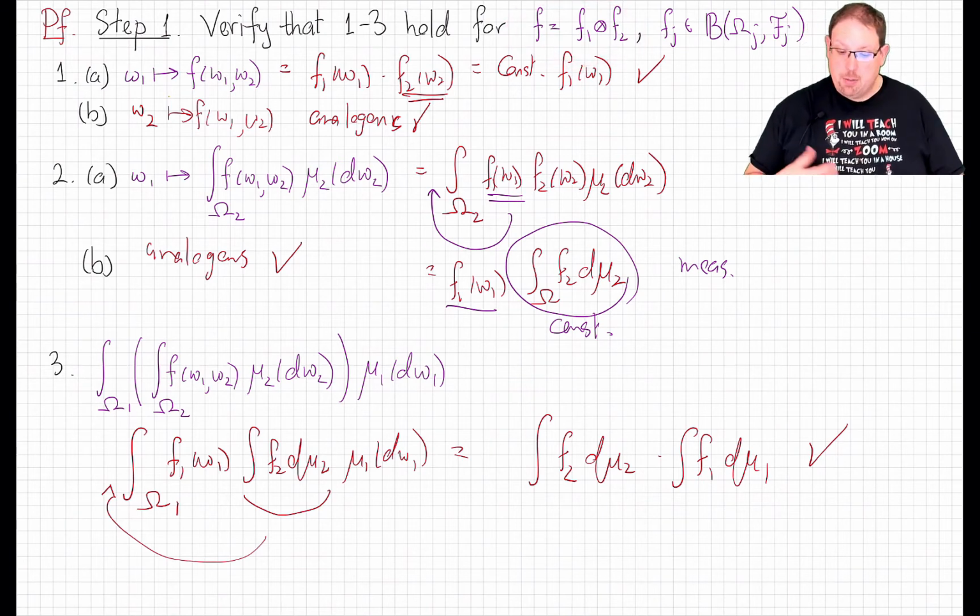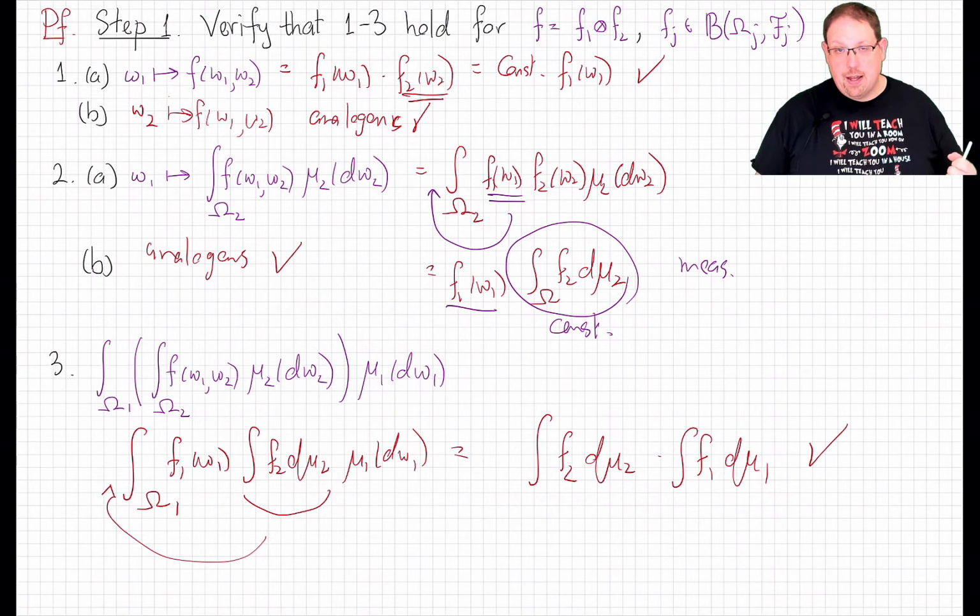For example, we can approximate them by linear combinations of these. And that is true, but we don't need to go back to basic principles to show that. We have a nice tool developed in the last lecture that will allow us to do that extension like magic. And that tool is Dynkin's multiplicative systems theorem.